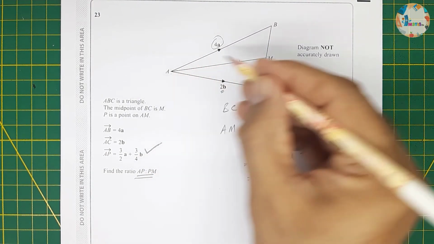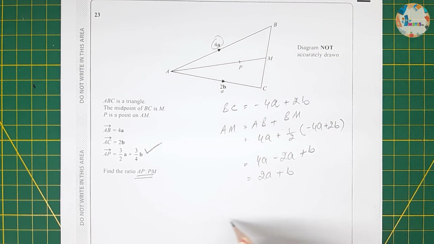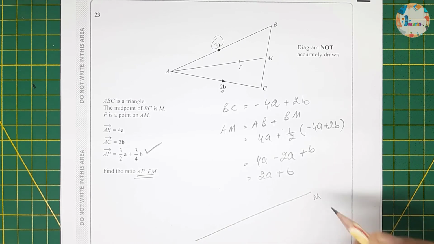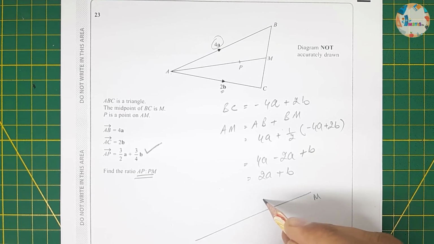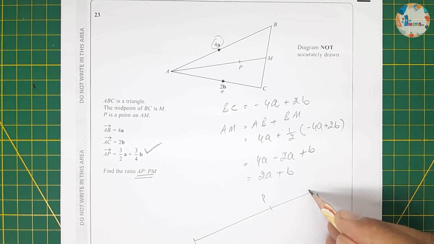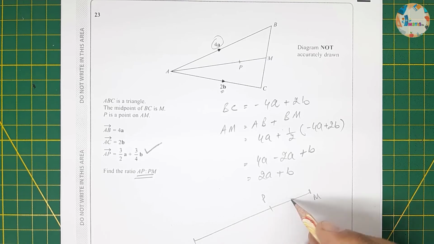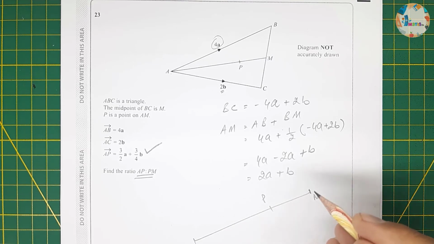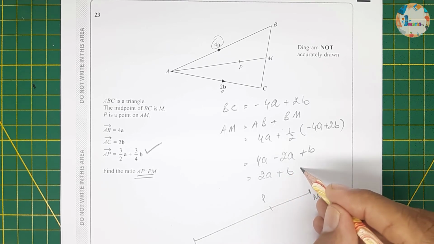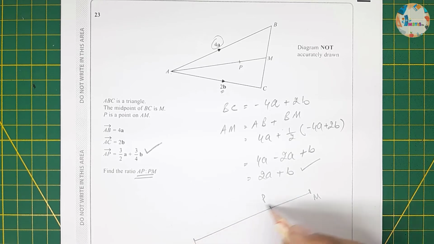AP is from this point to this point, and if we just think about this one, this is A, this is M, and this one is B. So the total length from this one to this one is given by this AM. This is the total length, 2A plus B.